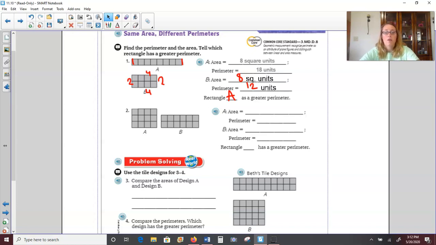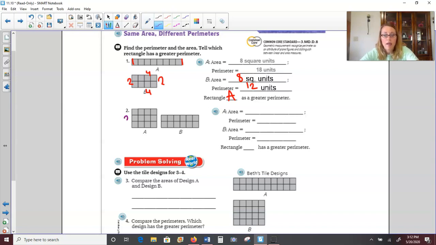Okay, moving on. Number 2, same thing as number 1. Rectangle A has 3 units on the side, 4 units top and bottom. Area, 3 times 4 is 12. And then the perimeter, we're adding up all the sides. 3 plus 4 is 7, plus another 7 is 14. So perimeter of 14.